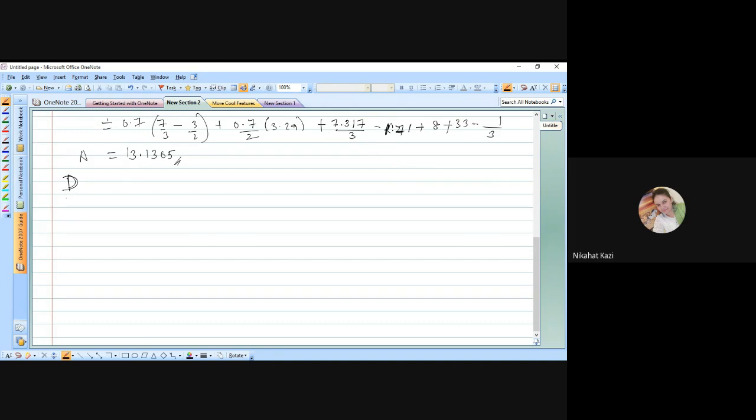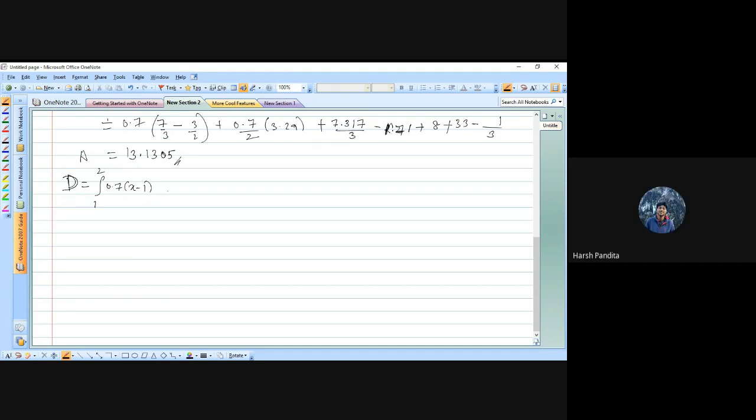So I want the equations of the denominator areas. Let us do the denominator more carefully. For bisector of area you'll require the same equations, only x will not be there, right? So I'll write the equations. It is 0.7x minus 1.